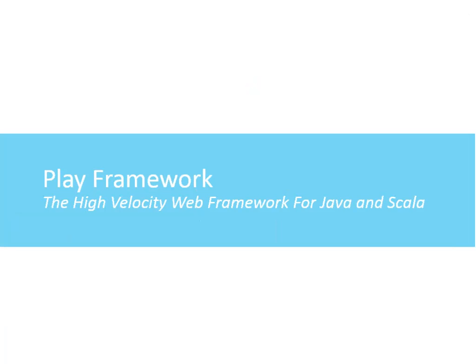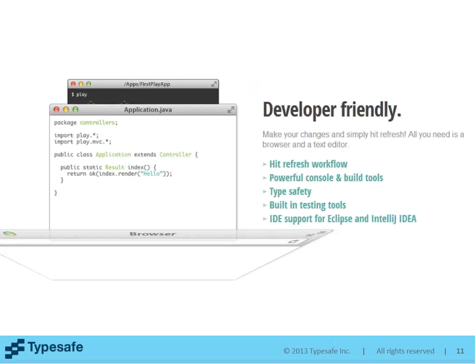Before we get there, I wanted to give a little bit of an overview of the core technologies in the Typesafe platform. So first, there's Play Framework. It's a high-velocity web framework for Java and Scala. The core feature of Play Framework is that it's developer-friendly. It really aims to make you productive. In a typical Java web application framework, the cycles for testing your changes and seeing your changes are very long.